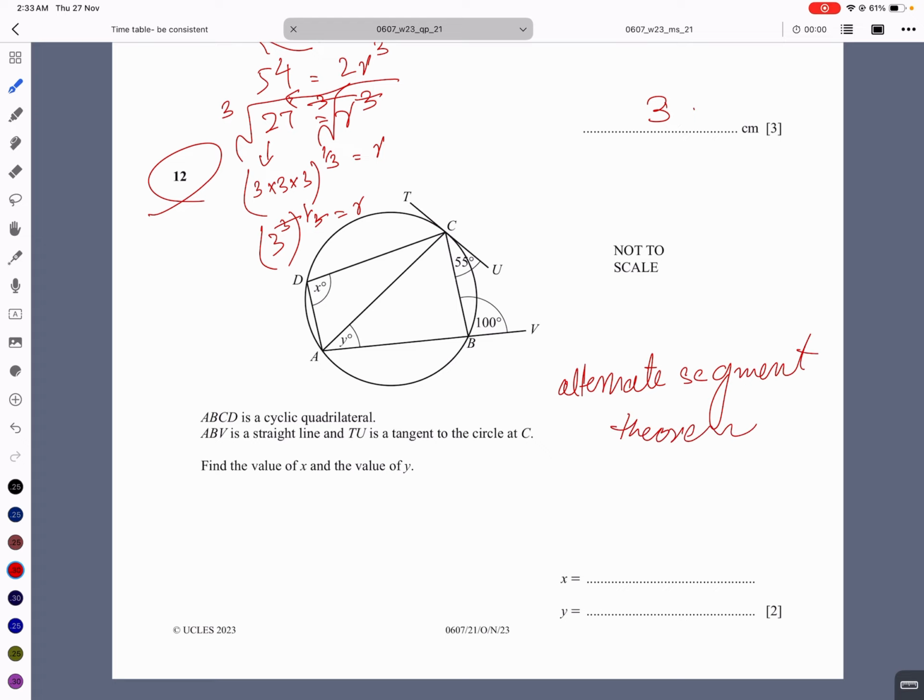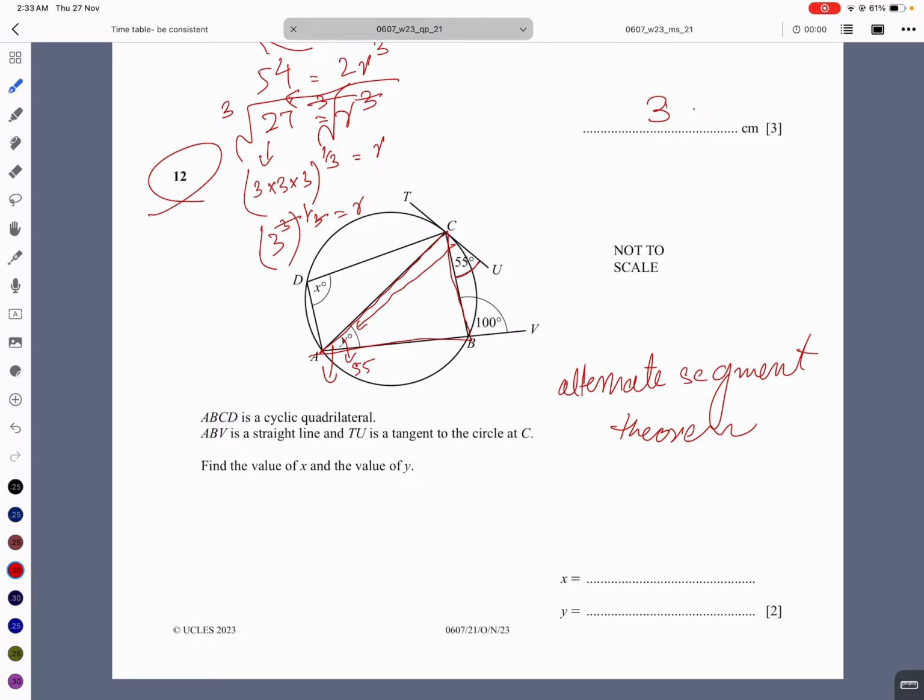In the alternate segment theorem, for the perspective of y, you will just see this triangle and this 55. The angle made between the triangle and the tangent of the circle will be equal to the angle in the alternate segment in front of it.